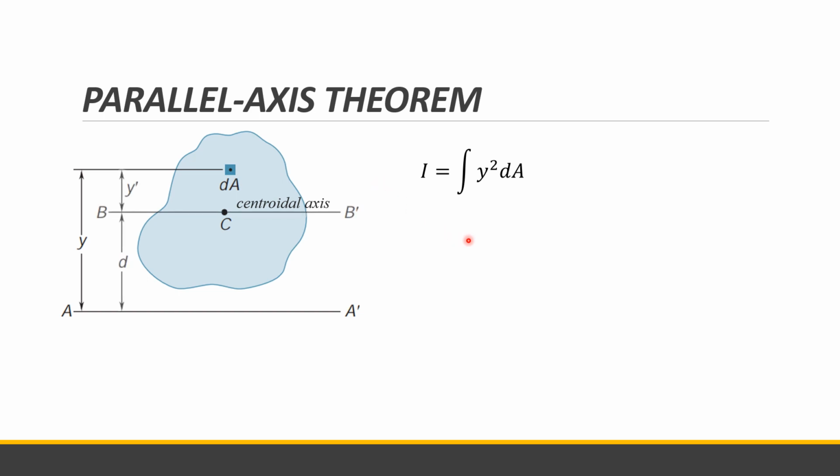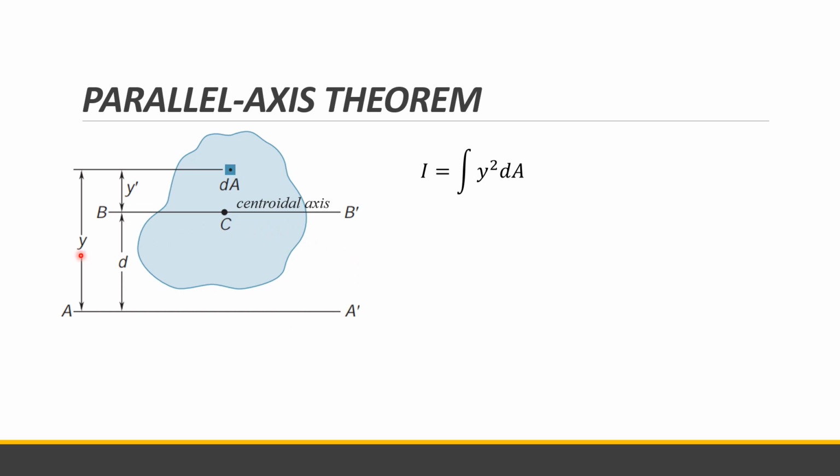Let us now draw through the centroid a new axis, BB prime, which is the centroidal axis, denoted by y bar from the area.